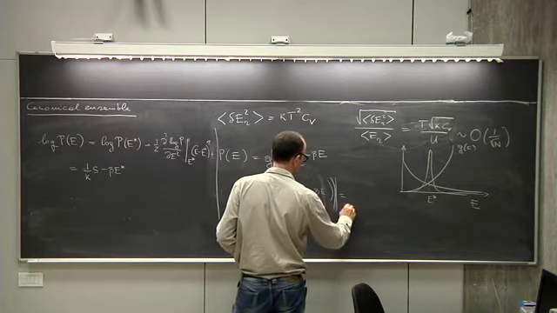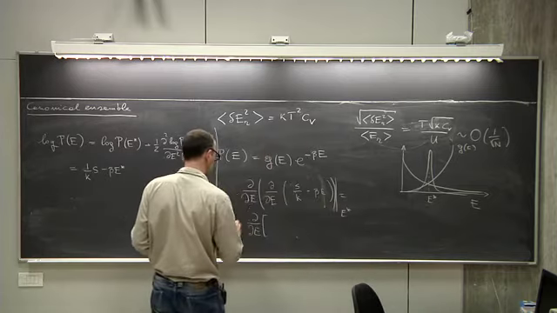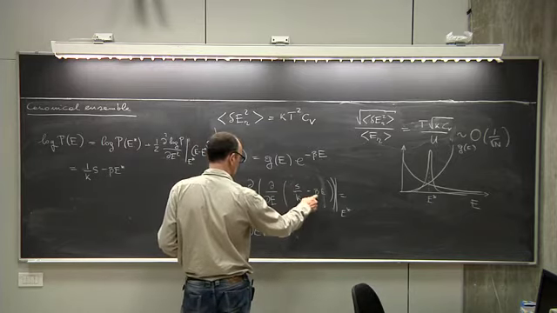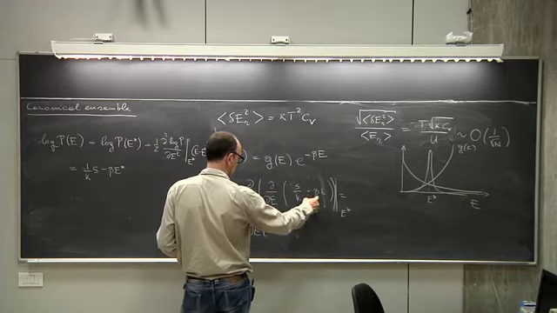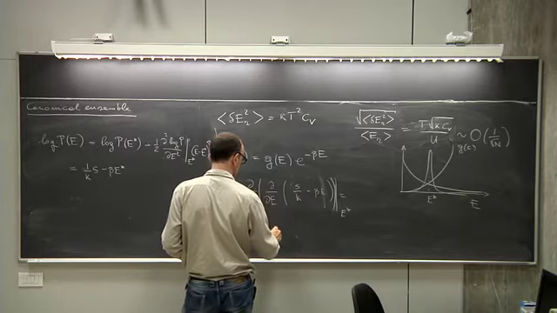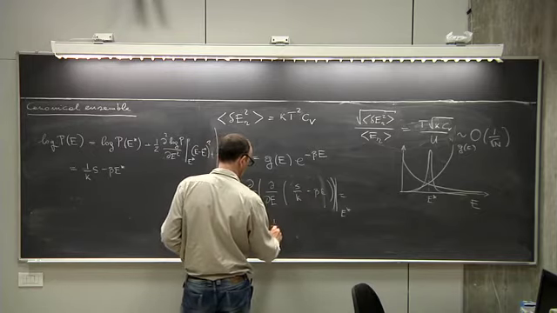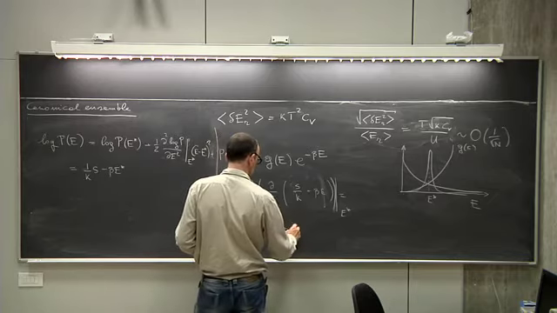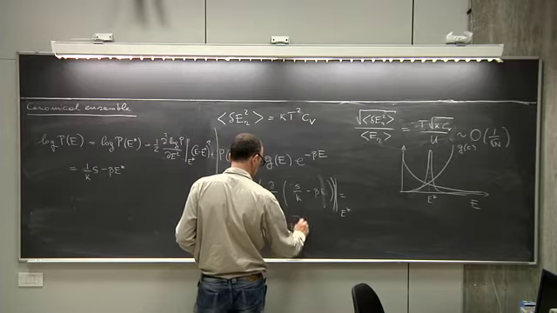So the first derivative will give me 1 over kT, and here I will get minus beta, where beta is just a number.